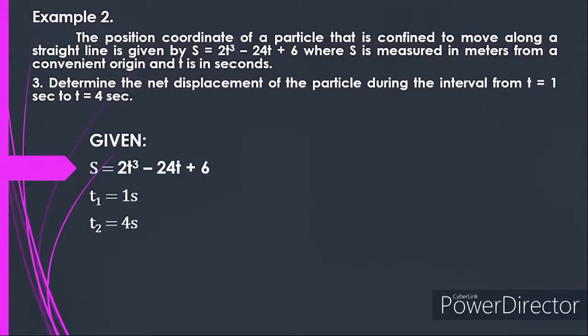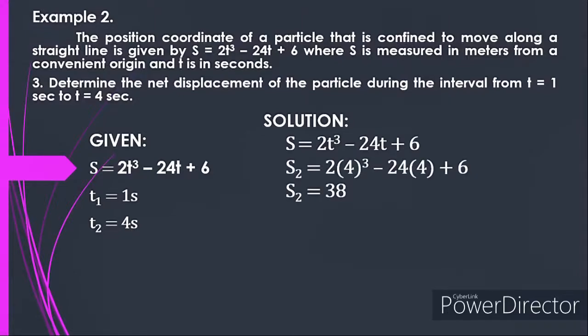Ngayon, given formula ng distance, s is equals to 2t cubed minus 24t plus 6. Then, t1 na 1 second, and then t2 na 4 seconds. So, again, since binigay na niya yung value ng time natin, direct substitution lang tayo.